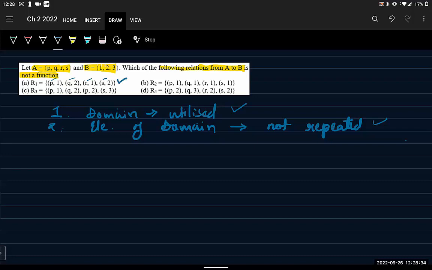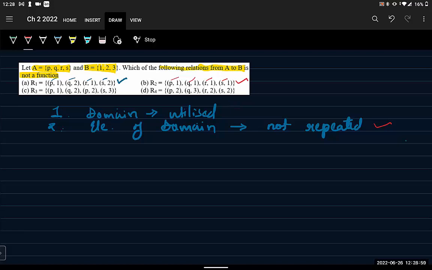Looking at the second option, relation R2 is equal to P1, Q1, R1 and S1. Again, all the elements of the domain P, Q, R, S are utilized. It satisfies our first condition. For the second condition, the first element is not repeated here. So the second option is also a function.